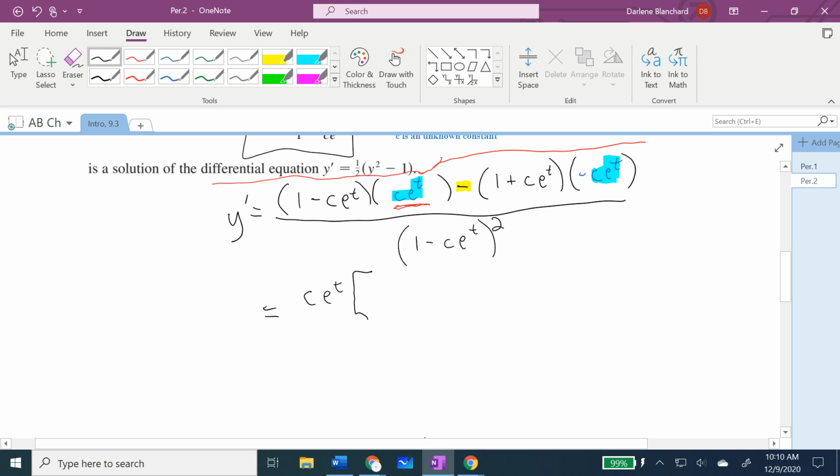In the numerator, that's going to leave me with this. Minus this, but also negative. I'm going to make this negative come together and turn positive, and then write this.